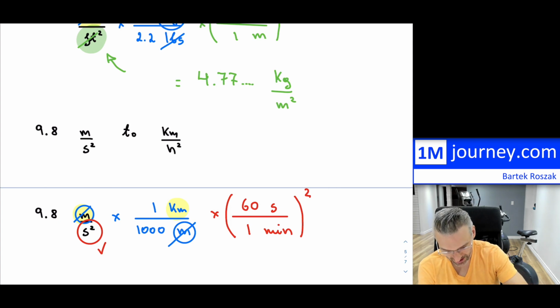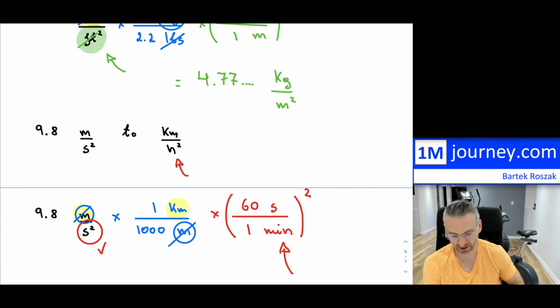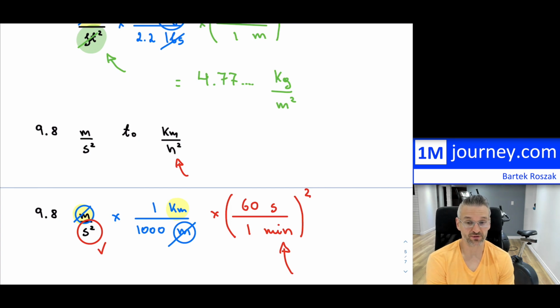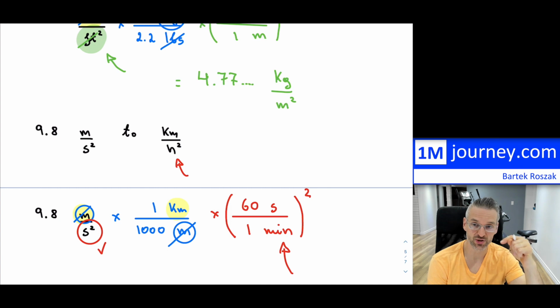So notice, I still am going to have minutes, but I wanted to have hours. So this is very tricky to think about, because it's going to give us the unit kilometers per minutes squared, but I want hours squared.